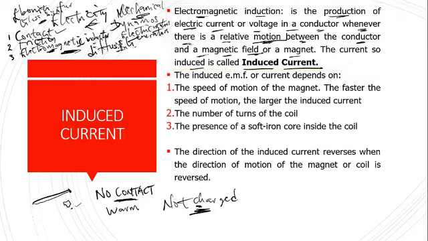Now, induced current and induced EMF depend on about three different things. The first is the speed of motion of the magnet. Like we talked about in our previous lesson, Michael Faraday discovered that when you get a solenoid and you get a magnet of two polarities, north and south pole, or one polarity maybe, very close to the solenoid, and a galvanometer is connected across, current will be induced, which will cause the galvanometer to deflect in a certain direction.